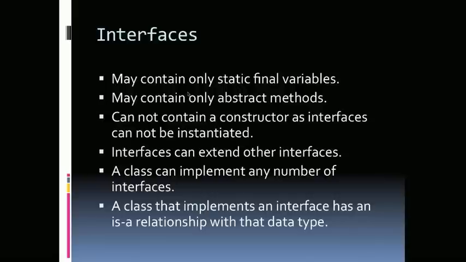It is a cat and it is an animal. But if I implemented an interface like Pet, well, now my cat could be a pet, a cat, and an animal. So I can have a number of data types, or in other words, my object can be more polymorphic by implementing interfaces, because when you implement an interface, you are that given data type. Just like when you inherit from a parent class, you are that given data type.